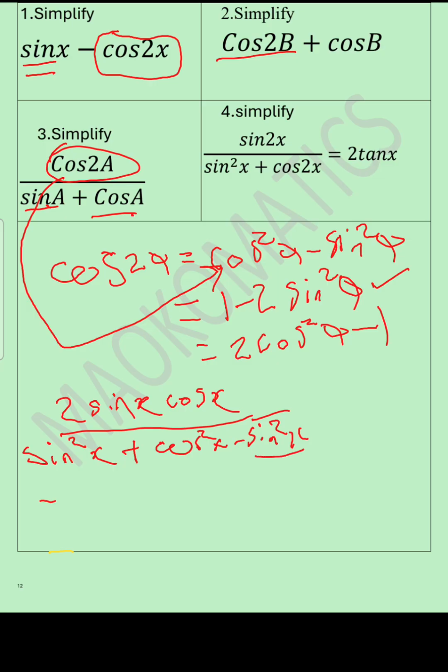Now this and this will cancel. So I've got 2 sine x cos x over cos squared x.